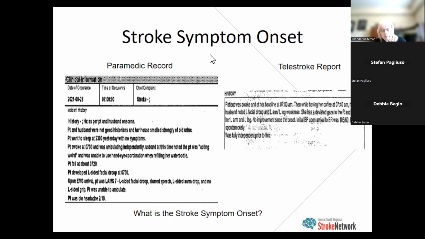2021-09-27 2300? Was it 2021-09-28 07, 2021-09-28 0720, 2021-09-28 0730, 2021-09-28 0740?